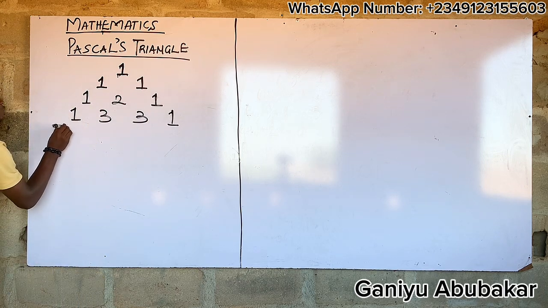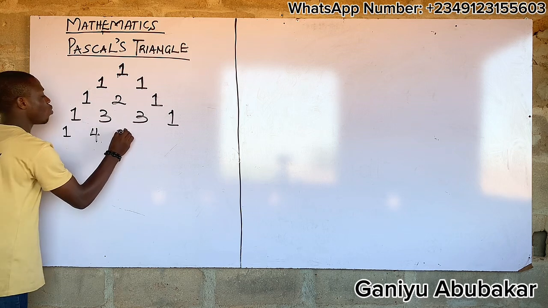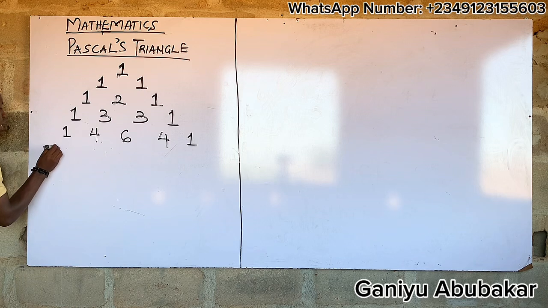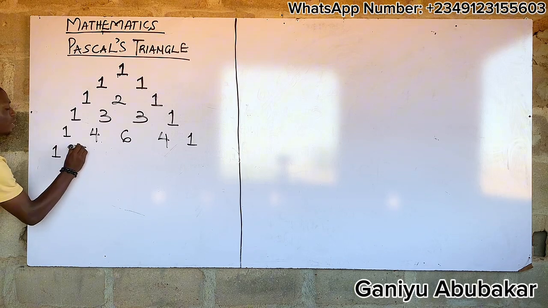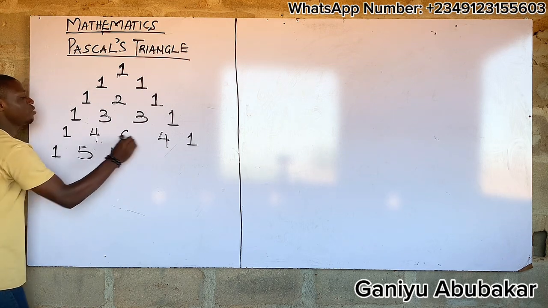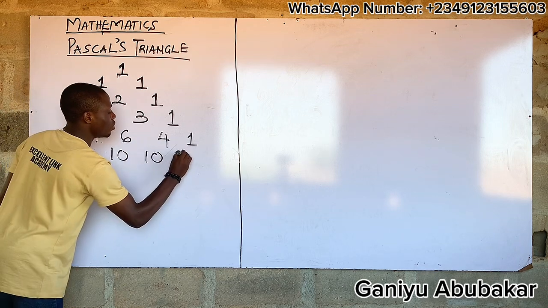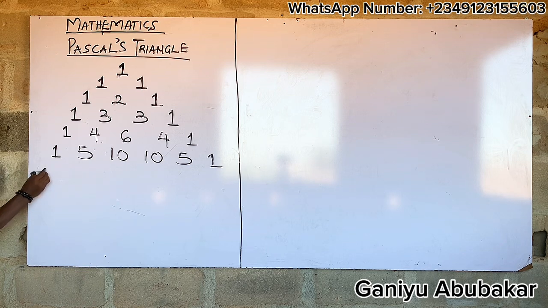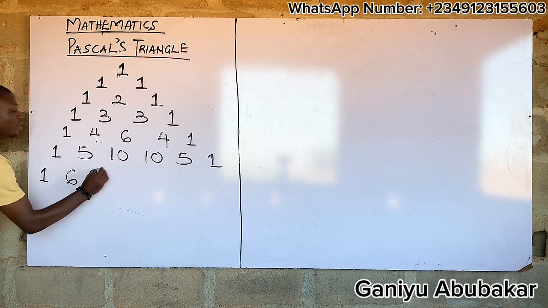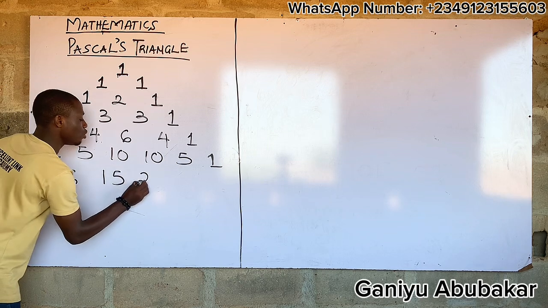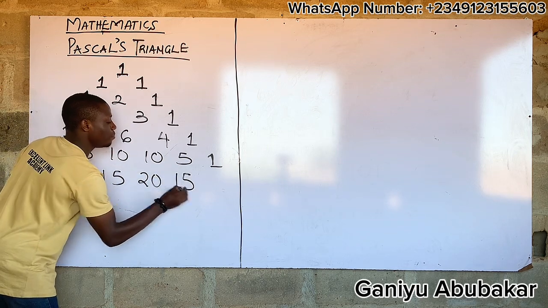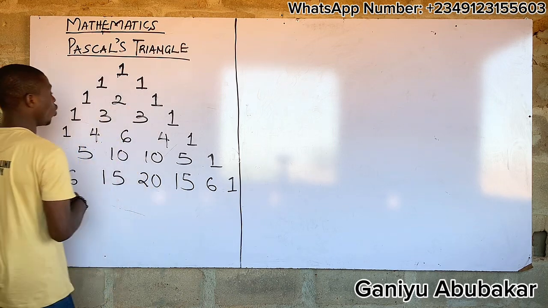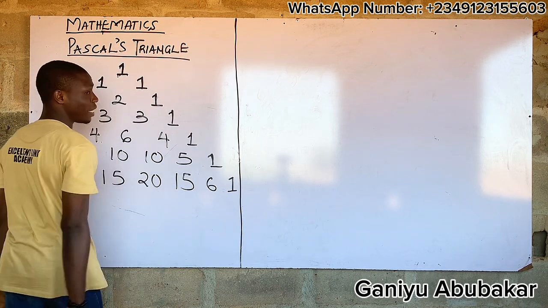Similarly, start with 1, combine 4, combine 6, 4, 1. Start with 1, combine 5, 10, 10, 5, 1. Let's stop at this point. Start with this 1. This is 6, this 15, this 20, 15, 6, and 1. It continues in this pattern.